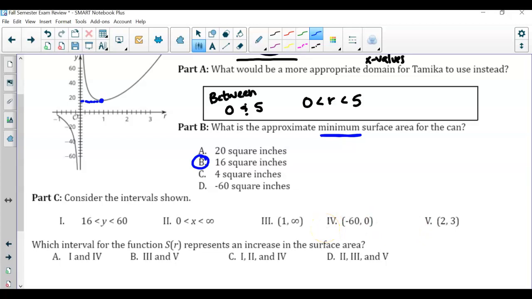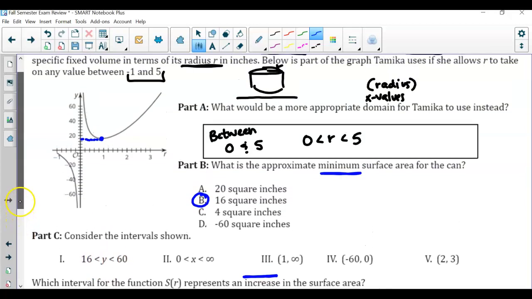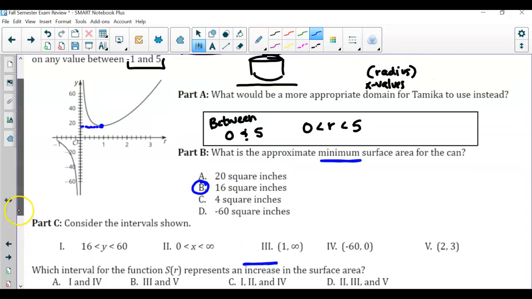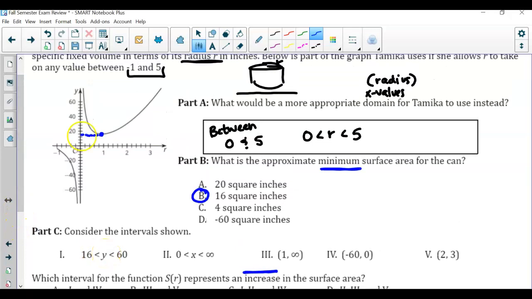Which interval or intervals is the surface area increasing? So where is the graph itself increasing? Notice how this is focusing on y values. So from y values of 16 to 60, which are from here to here.